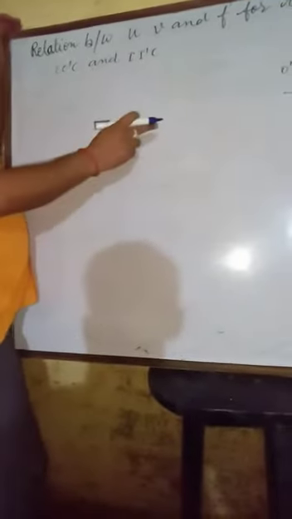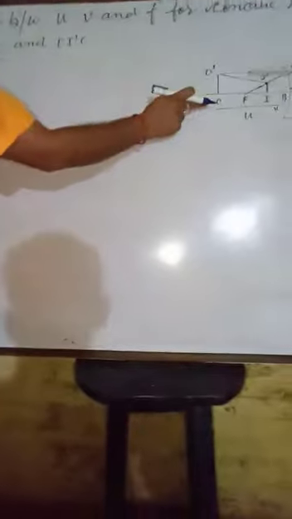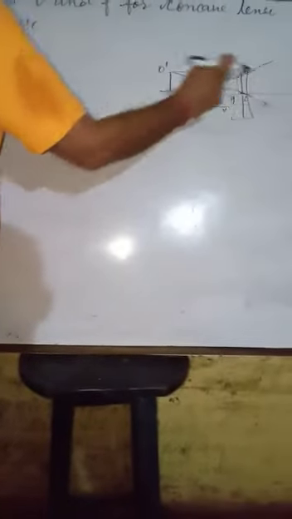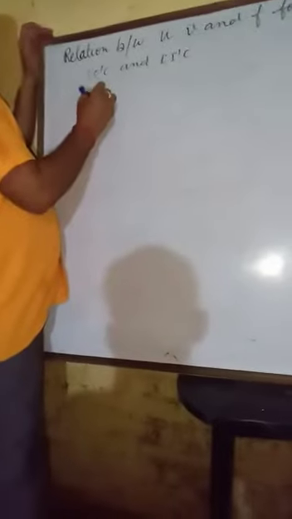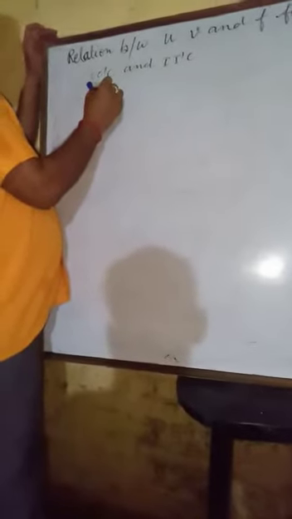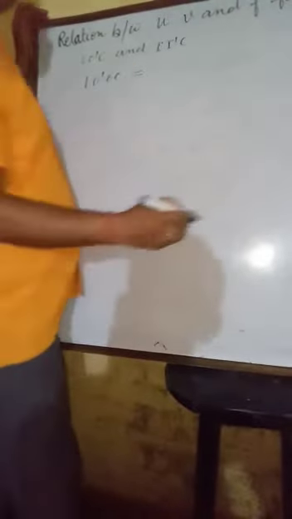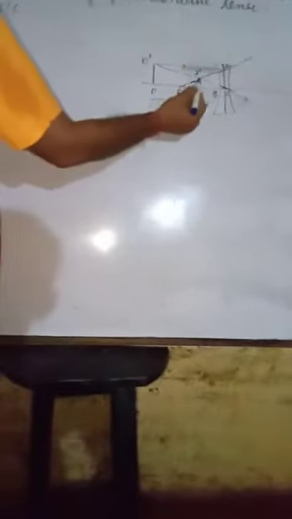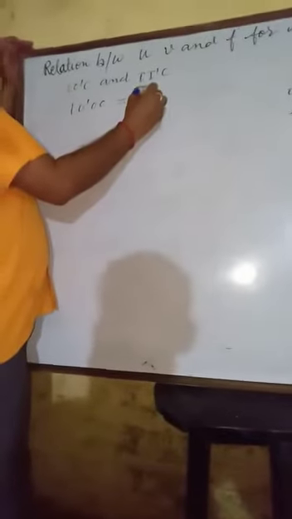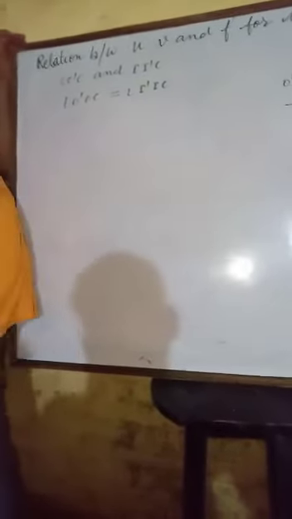In these triangles, angle O dash OC is equal to angle I dash IC.